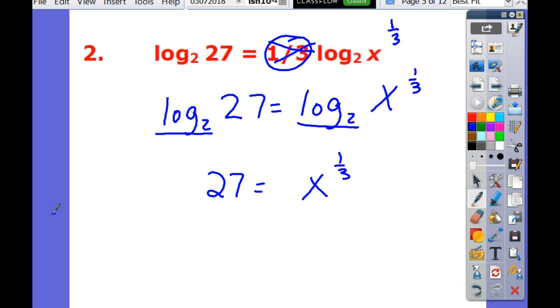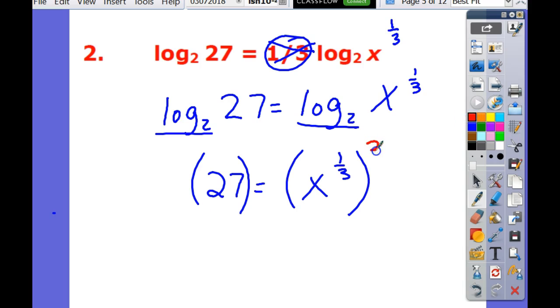Now, I'm solving for x, so I have to get rid of the 1/3 power. How can I get rid of a 1/3 power? Nope. I need to do what? Not times 3. I need to raise it to the reciprocal power. What is the reciprocal of 1/3?